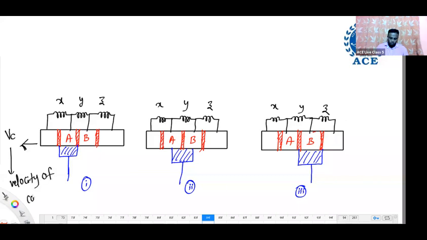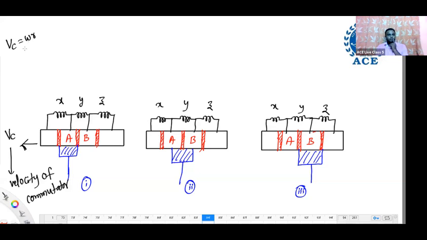How to find velocity? Generally the commutator is rotating, so we have to convert that into velocity here, moving in this direction in meters per second. What is velocity in physics? Omega r.